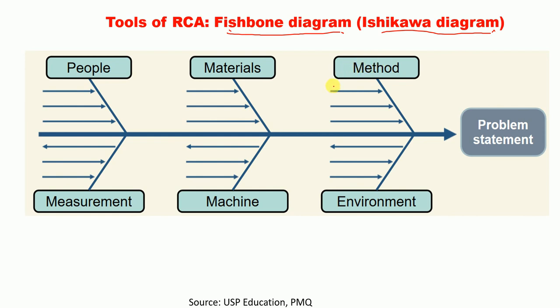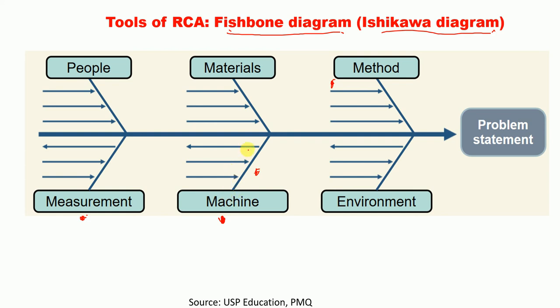We also ask about method: if the wrong method was followed, or the method does not match the actual practice, it can be a method-related issue. And measurement: if we did not use calibrated instruments, we ask this question too. Machine: if the machine is broken or some part is out of order, we can list several possible causes under machines.